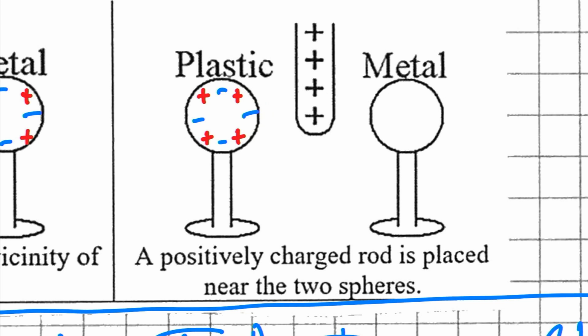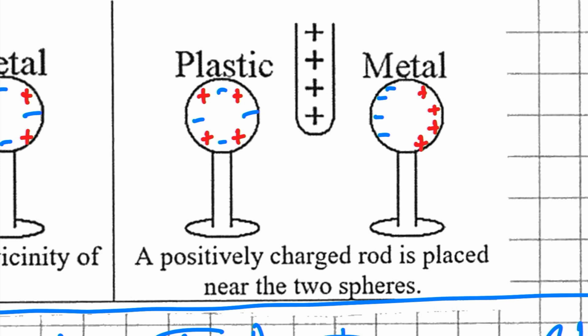But in the metal where charges are free to move, this positive is going to attract the electrons of the metal sphere over to the left, and the positives are going to have an excess over on the right. Now, I'm not showing all of the positives and negatives here.